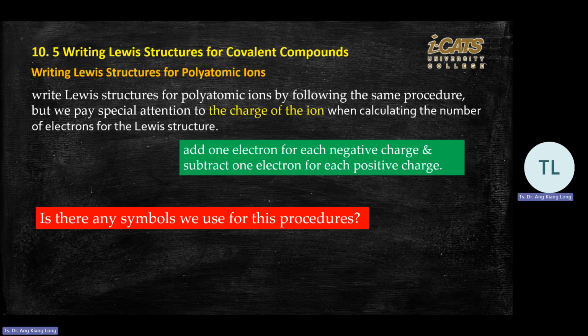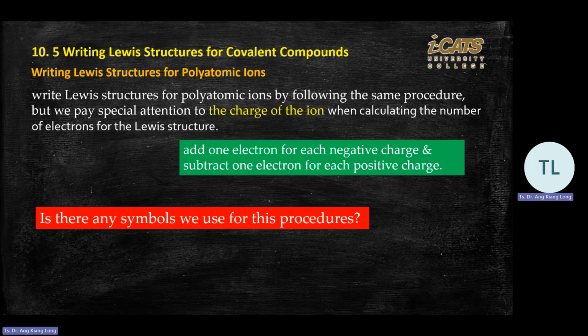If the question asks you to build the Lewis structure for CCl4 negative, in step number 2 you need to add to the total electrons. The total electron equation just now: total electron equals C electron plus 4 Cl electron. At the last step, you need to plus 1 electron, if it's negative.